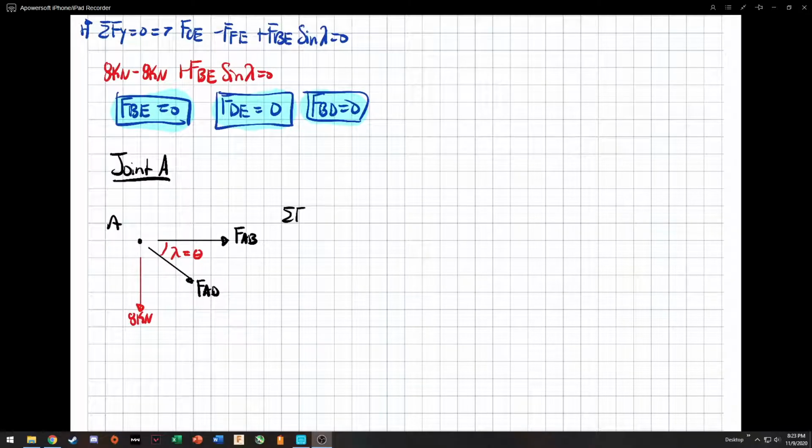Solving our forces in the x and the y, we have force AB plus force AD cosine of lambda is equal to 0. We can solve for force AD, which is equal to negative 17 kilonewtons, and that is in compression.